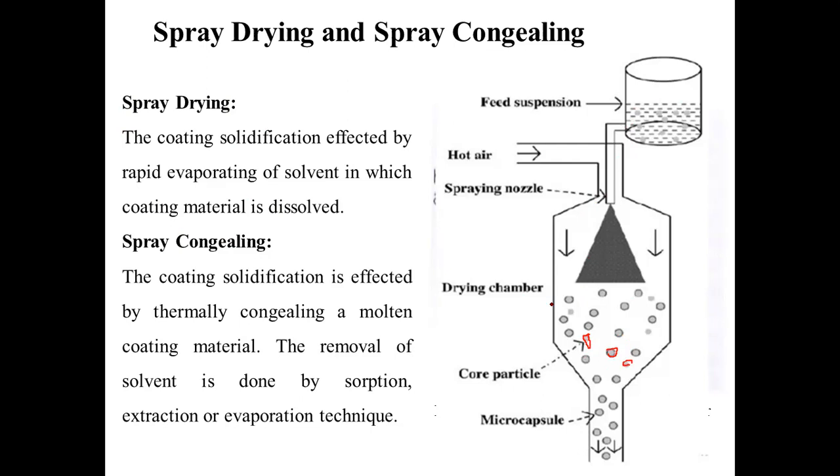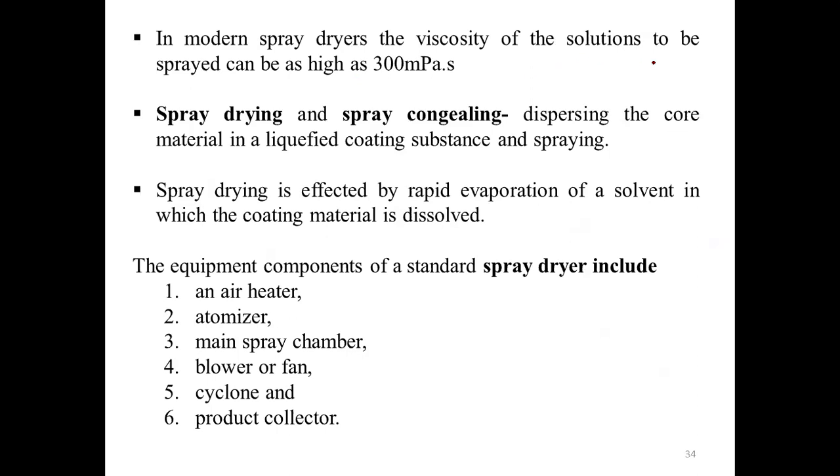There are various process variables that we have to consider for the spray drying process. In a modern spray dryer, the viscosity of the solutions to be sprayed can be as high as 300 millipascal seconds. Spray drying and spray congealing involve dispersing the core materials in liquefied coating substances and spraying.